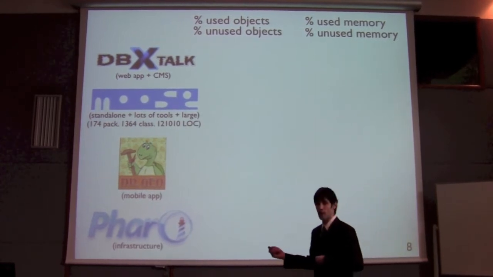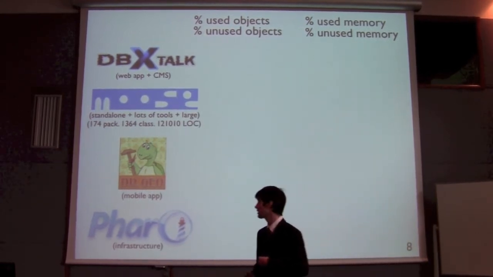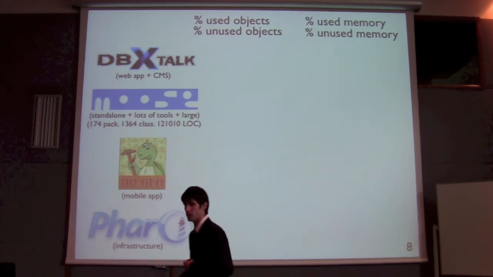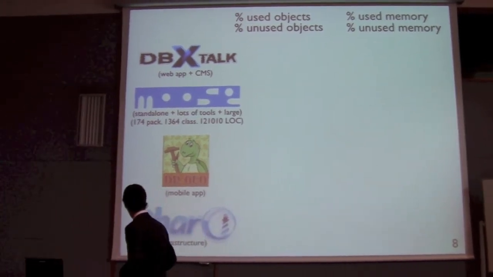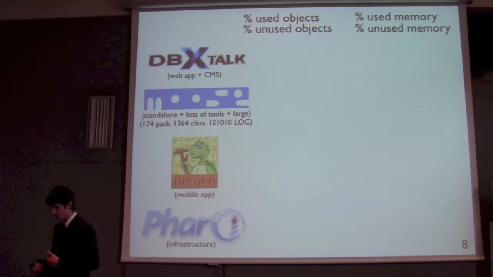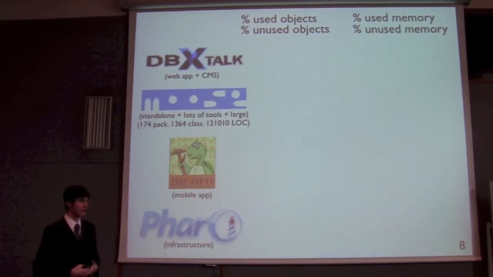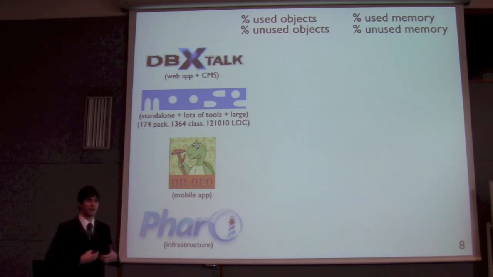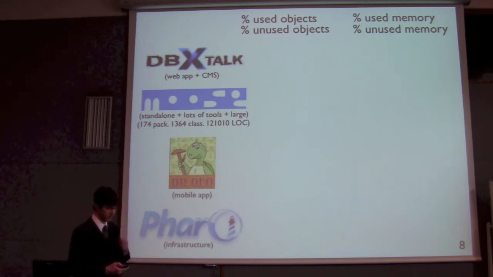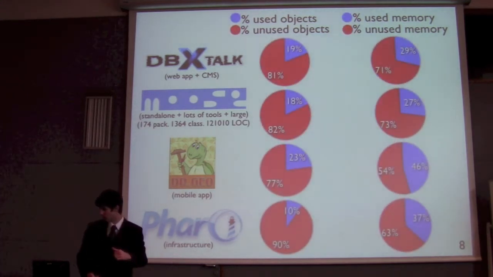Then we took a mobile app, which is a tool to teach math and geometry to students. And finally, we analyzed Faro, which is the programming language where I implemented my proposal that we will see later, because it is interesting to see the environment itself, how good or bad it is regarding the memory usage.